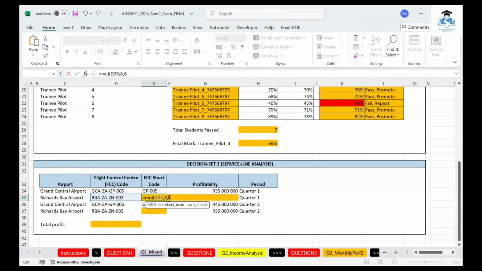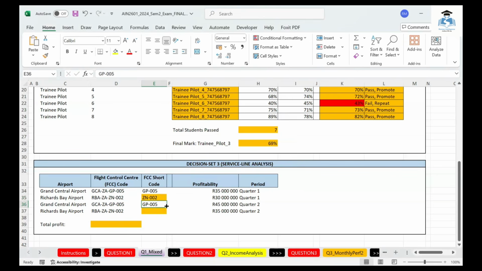And close the bracket. Then we get the same. But I think it's best to use the right because it saves you time. But I wanted to show you that even the mid can also work.